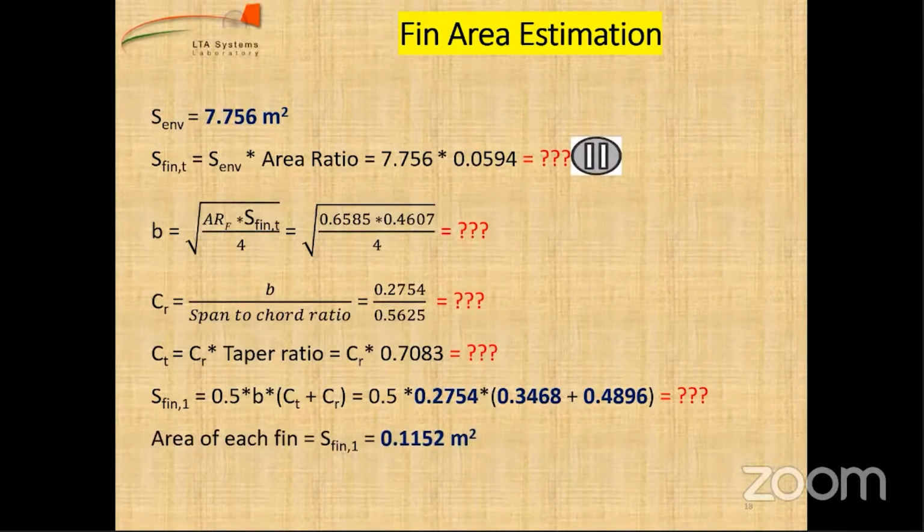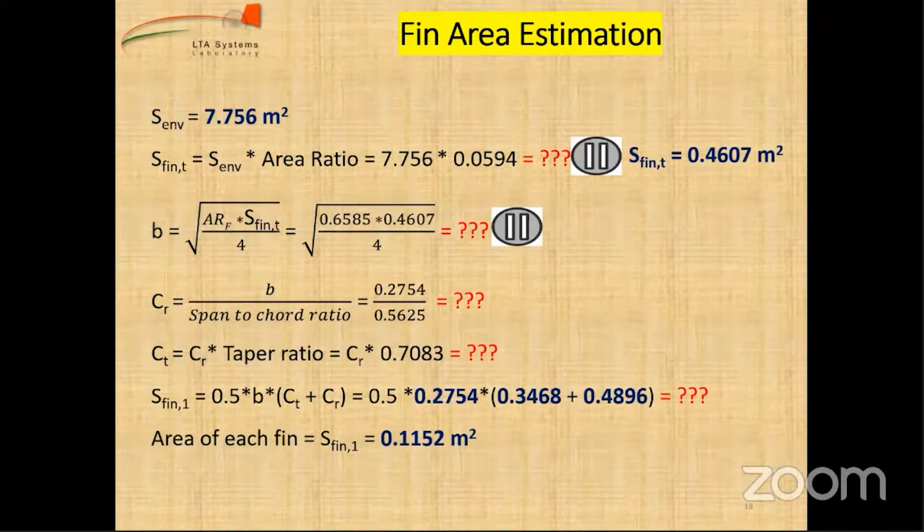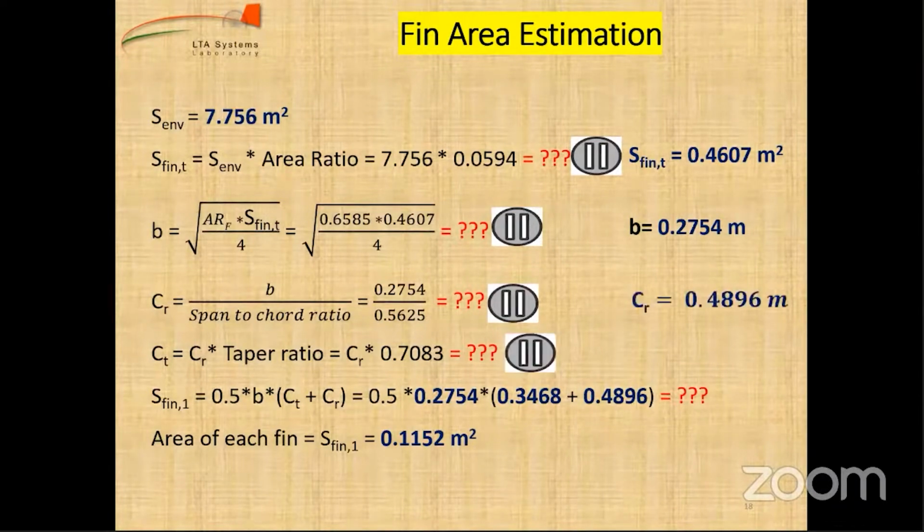Yes, sir. 0.1152. So if you have done all these calculations, S fin is 0.4607, span is 0.2754 meters, root chord is 0.4896 meters, approximately 0.5 meters, that is 50 centimeters.